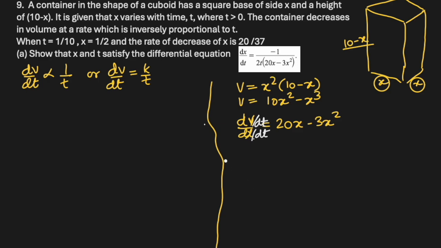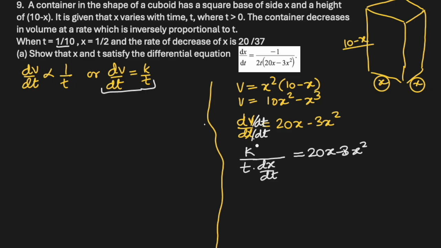So good. Now, when t is 1 over 10, so t is not there, but we know that dV over dt is k over t, right? So I can write this one as k over t, and because denominator of numerator is also denominator, I can multiply it with dx over dt is equal to 20x minus 3x squared.